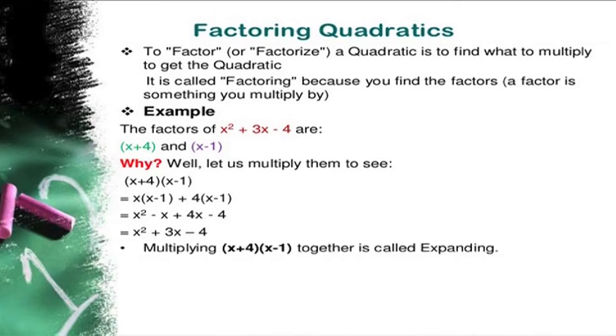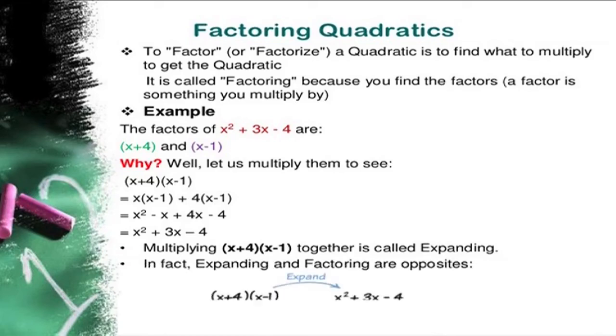Multiplying x plus 4 with x minus 1 together is called expanding. In fact, expanding and factoring are opposites. x plus 4, x minus 1: when expanded, we get x square plus 3x minus 4.